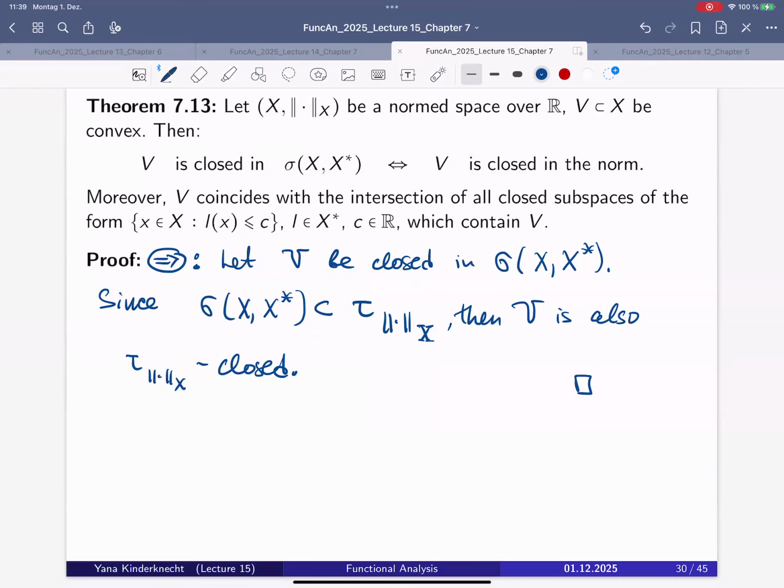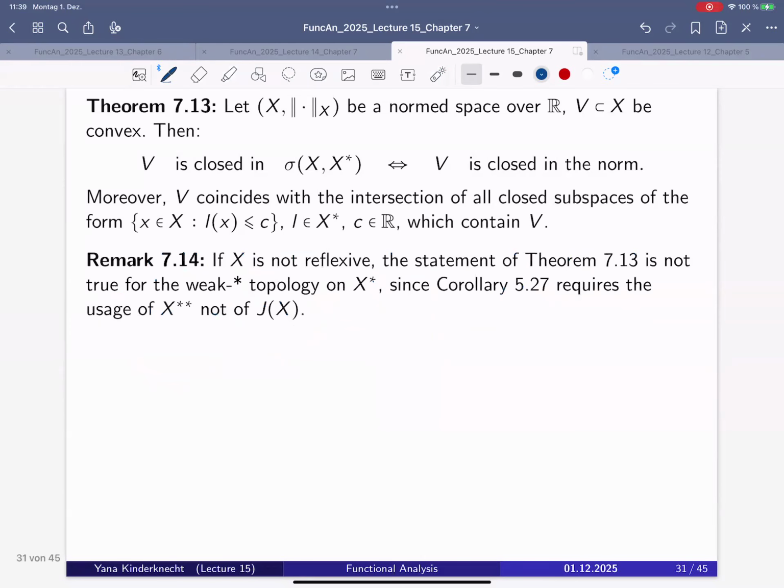Okay, just the last remark for today. If X is not reflexive, the statement of theorem 7.13 is not true for the weak star topology on X star. Here we deal with the weak topology.